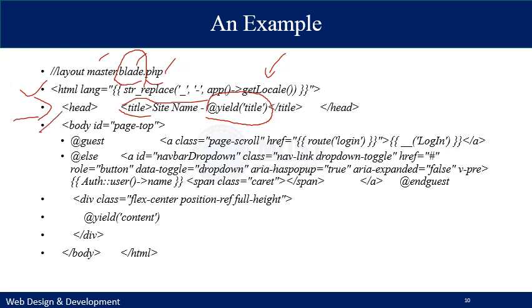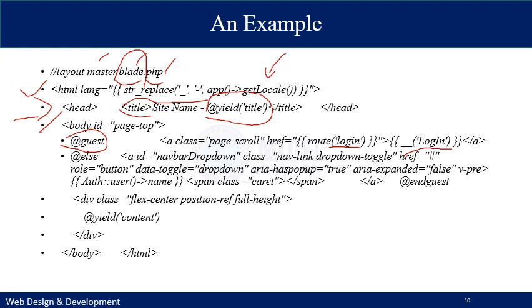Then you have a body tag, and in this body tag you use a keyword called guest. The guest keyword is only used when the user is a guest user. That means if your user is not logged into your application, then it will be a guest user. If the user is a guest user, you want it to display a login link so that the user may wish to log into your application.